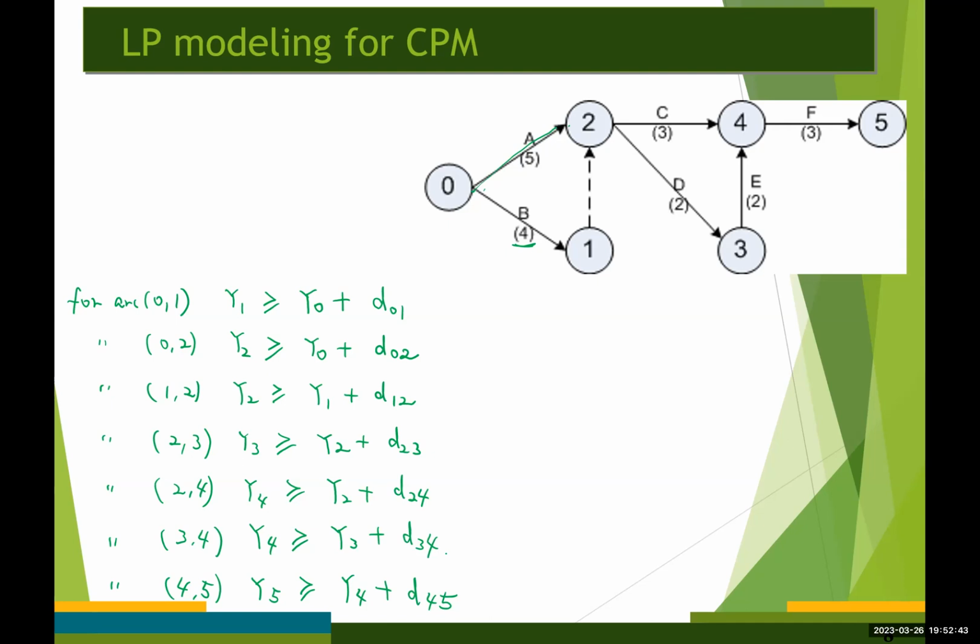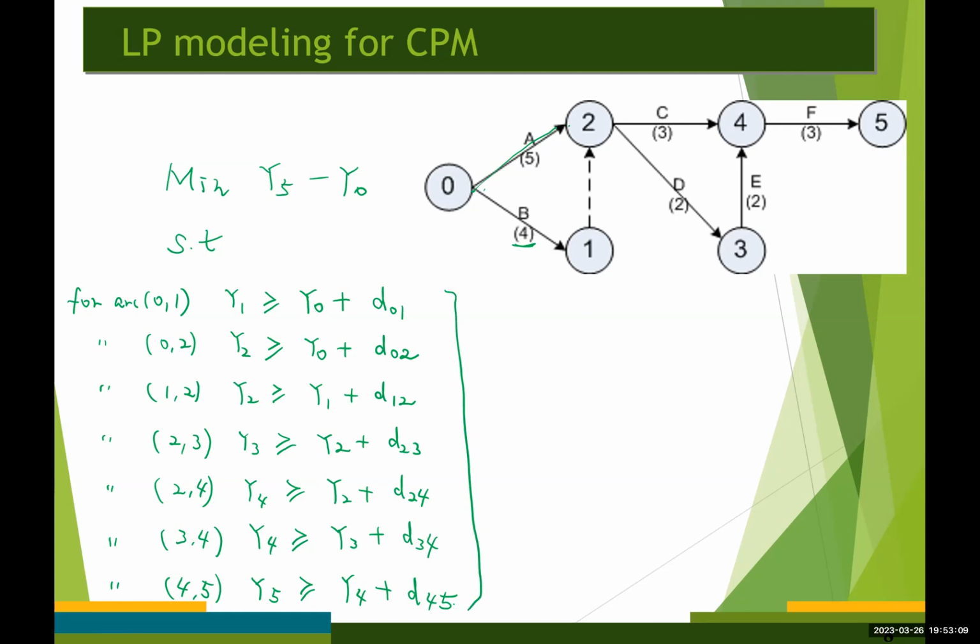So these are the constraint sets, and our objective function is minimizing y5 minus y0 subject to these constraints. What do we miss?